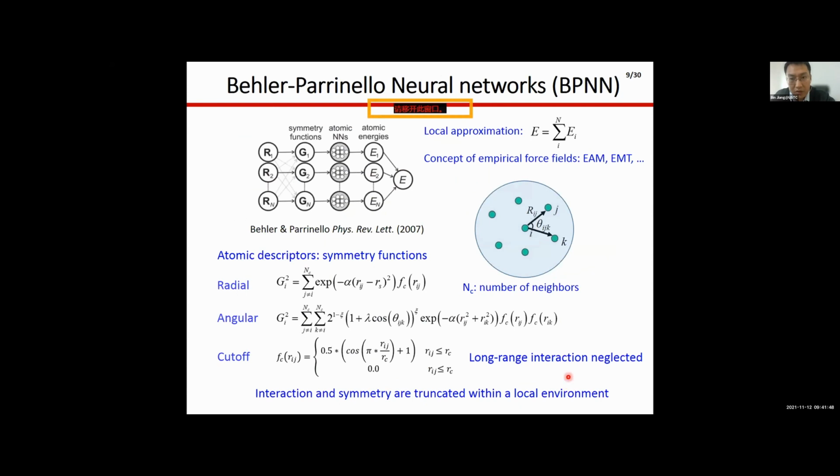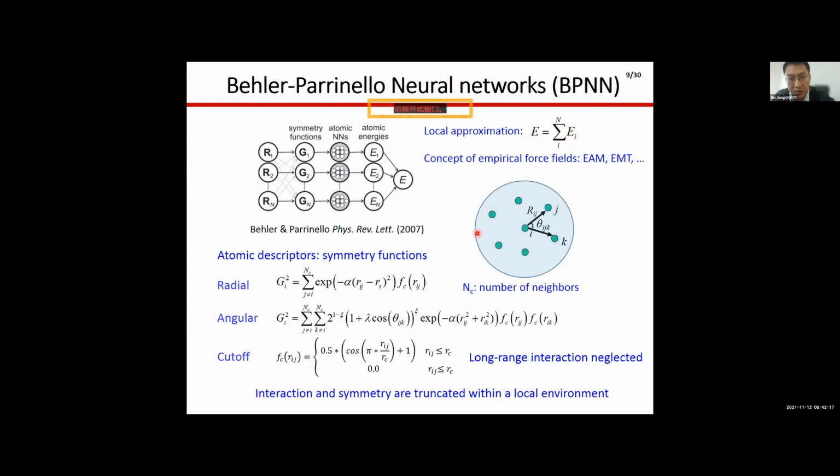So we come to a position which has been mentioned in the last talk by Professor Isayev. We use this idea of the atomistic neural network, first proposed by Behler and Parrinello in 2007. I think the key part here is to decompose the total energy into atomic contributions.